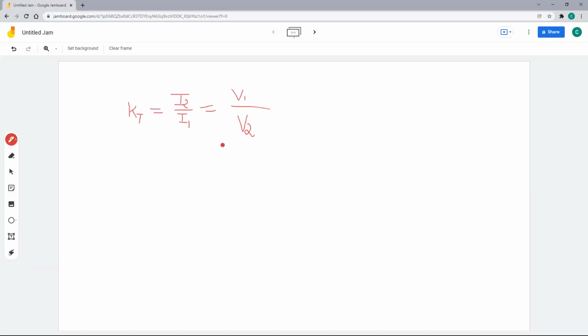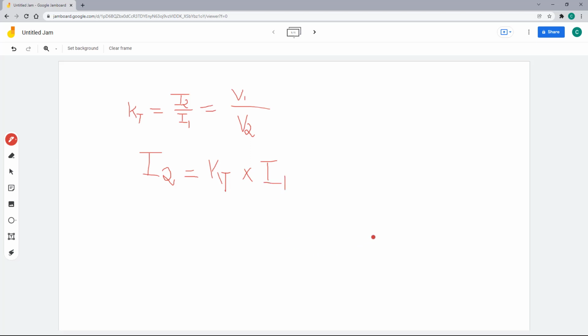This means we already now know the value of KT. Since we now know the value of KT, we can calculate I2 by saying I2 is equal to KT times I1.